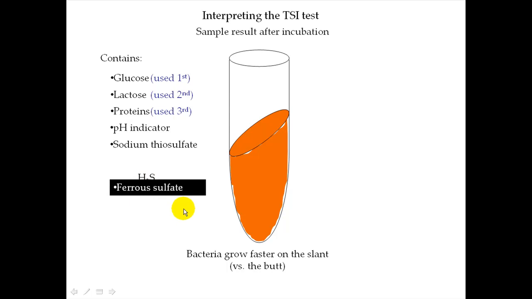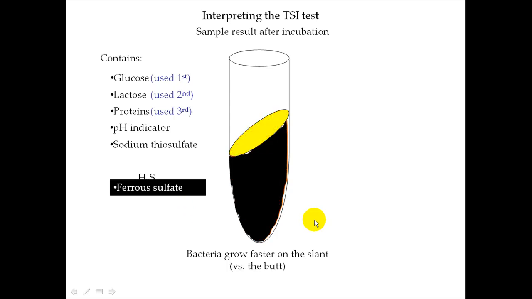So if you inoculate a TSI test and you incubate it and you see something like this happen, for example, black just means that there's hydrogen sulfide in the tube, which indicates that sodium thiosulfate was metabolized. And yellow tells you that one of the sugars was metabolized, because acids are produced.